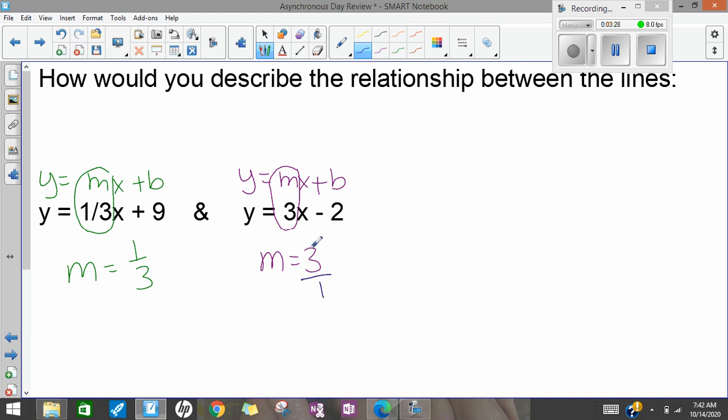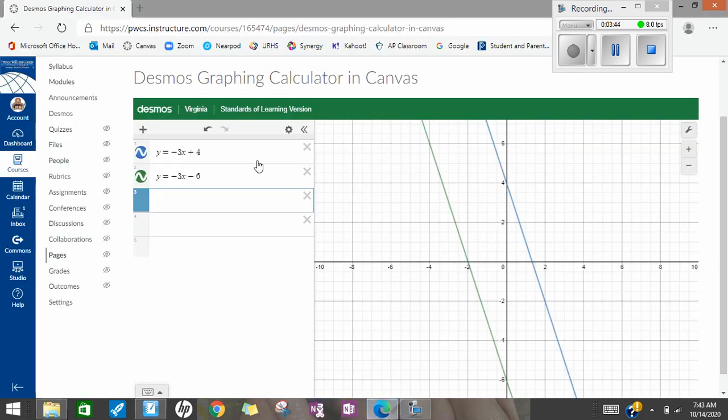They are flipped fractions, so that's one thing that has to happen when two lines are perpendicular, but they also have to have one positive and one negative. Since they're both positive, these are neither parallel or perpendicular. So I can graph those.